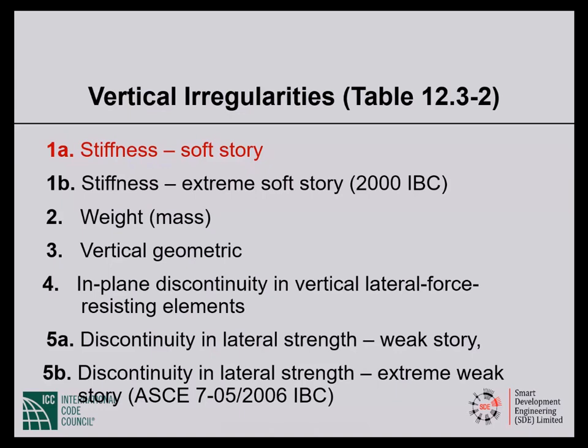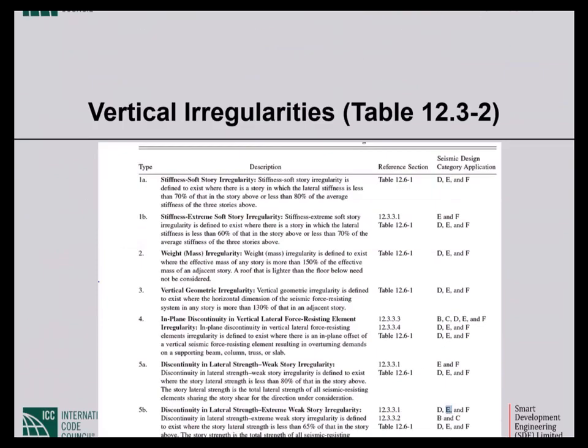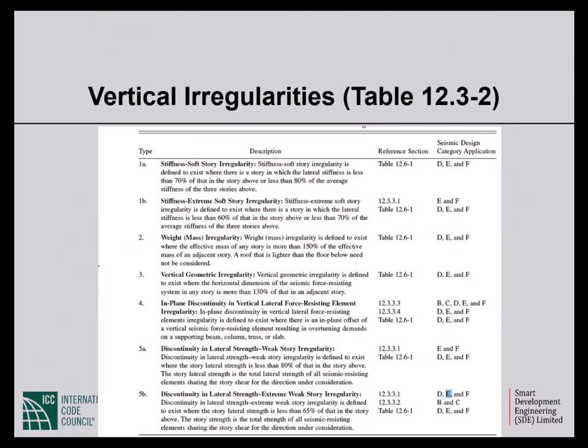Okay, vertical irregularities, stiffness. So we will take 1A first, soft story. The vertical irregularity table is in chapter 1. No, this is the ASCE 7 table, same as the horizontal table.